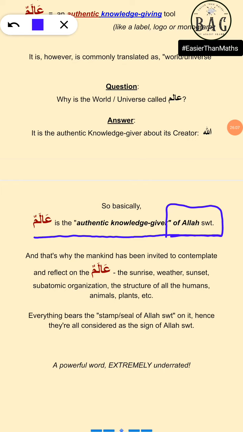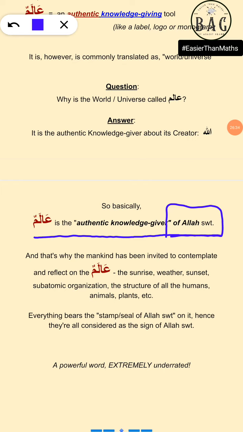And guess what, even if we are in a room filled with inanimate objects, everything around us is actually bearing a stamp, a seal, or a monogram of Allah subhanahu wa ta'ala. When you think of it that way, you are truly humbled, and something magical happens.